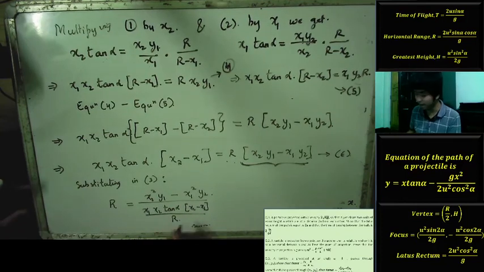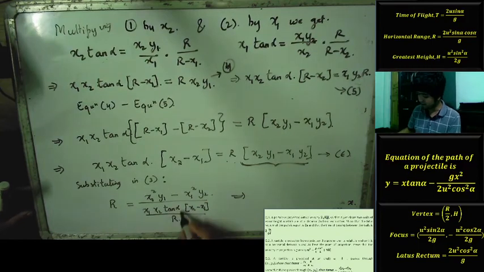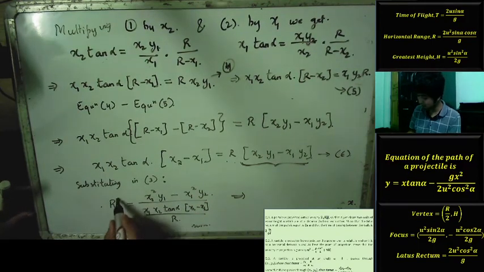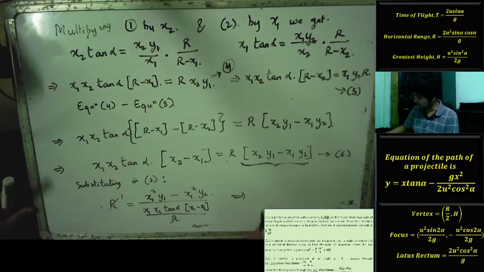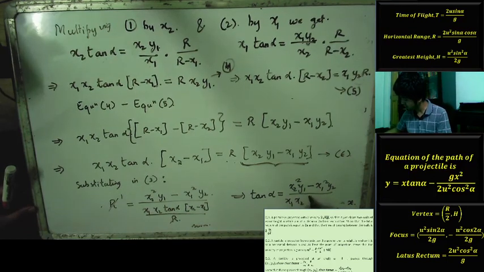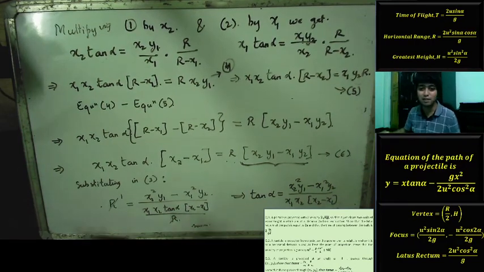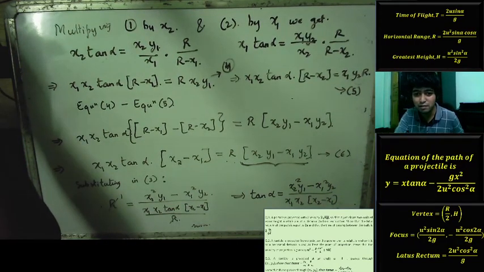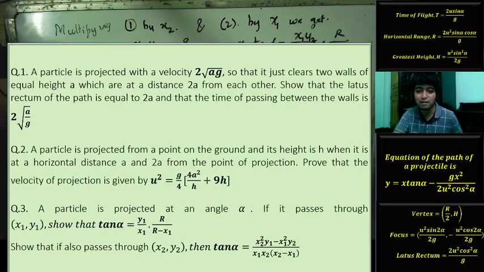So r and r will get cancelled. You will have 1 over here, and tan alpha carried to this side. So you will have the required expression with x2 minus x1. This is the required expression which solves question number 3.